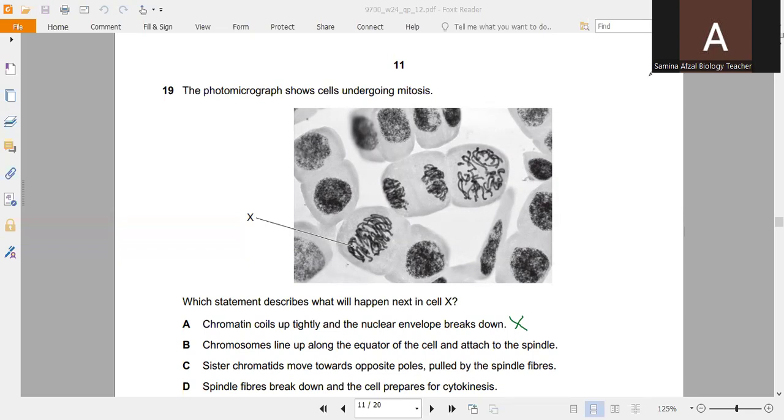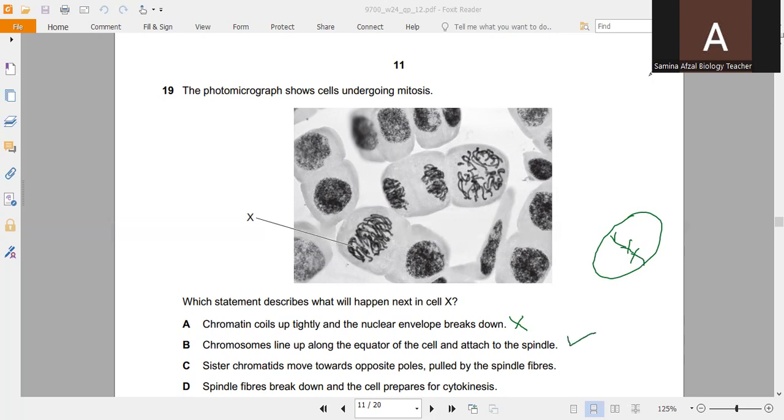That will be the next stage, called the metaphase. During that stage, they line up along the equator in the center of the cell, and they attach themselves to the spindle fibers. So this can be the correct one.